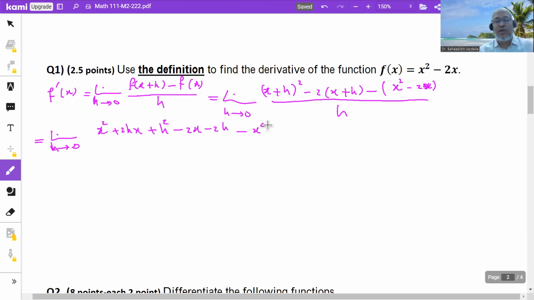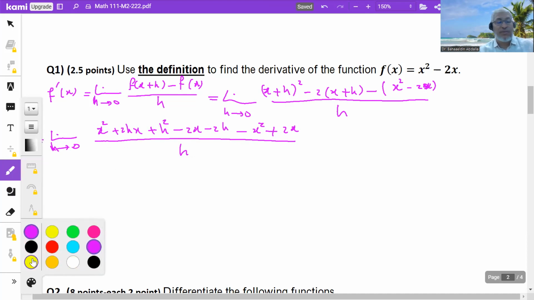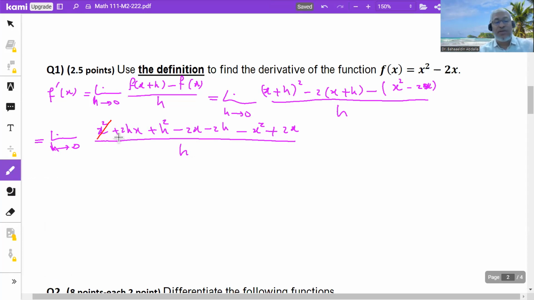Also the minus sign, minus x squared and minus times minus is plus. All of this over h. Usually, all the terms without x would be without h would be cancelled. So x squared, you will find negative x squared here, and negative 2x, there will be a positive 2x here.